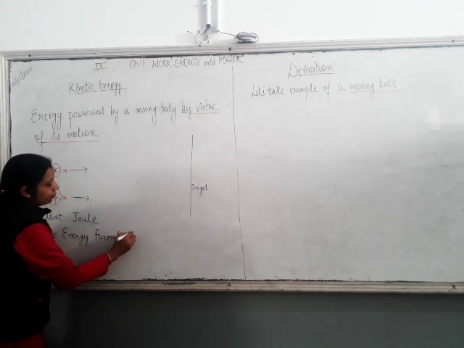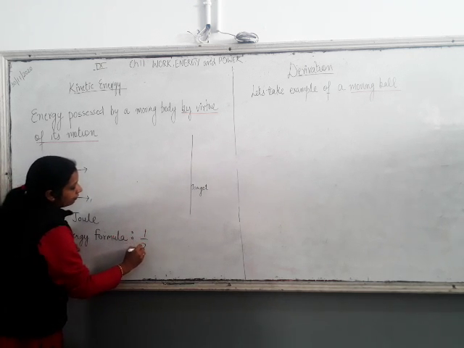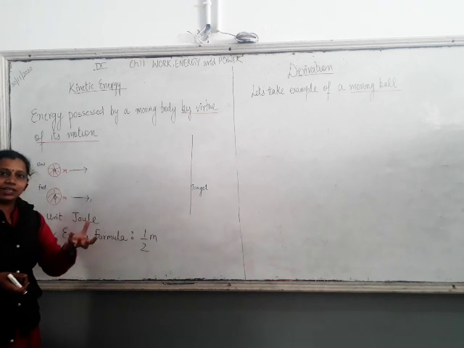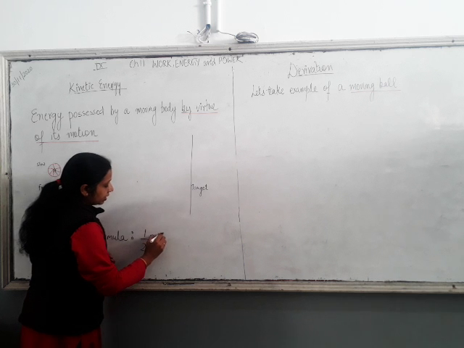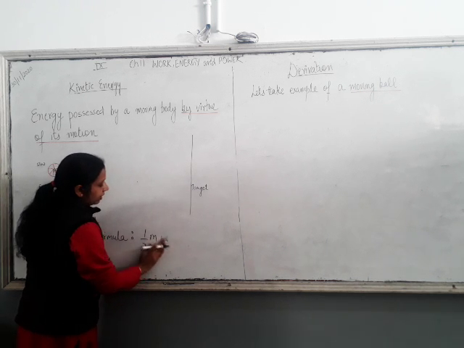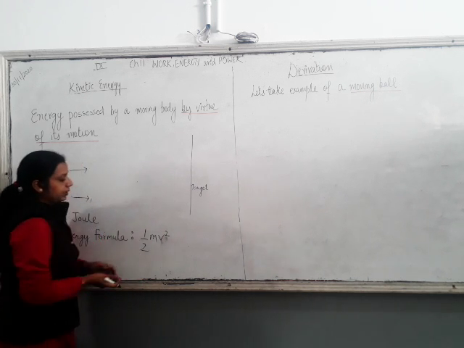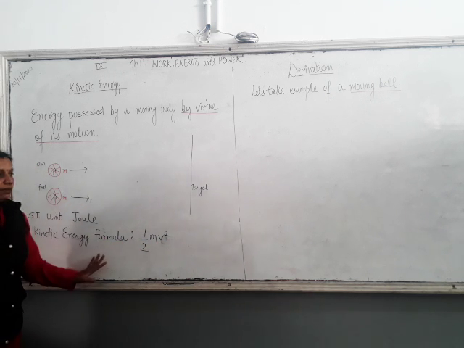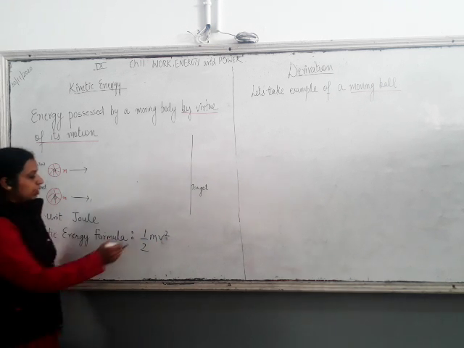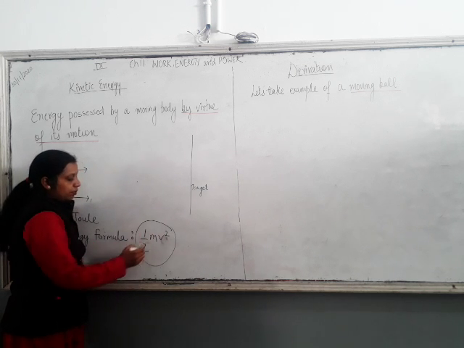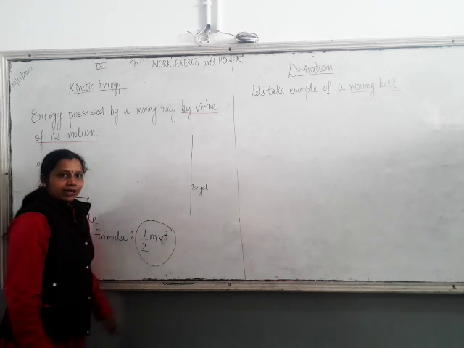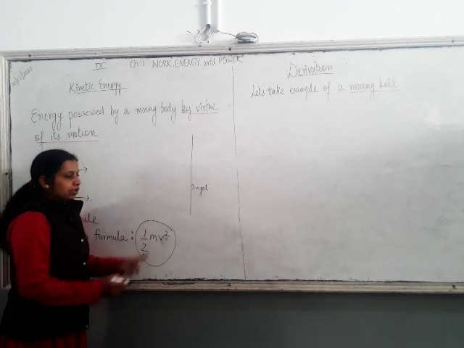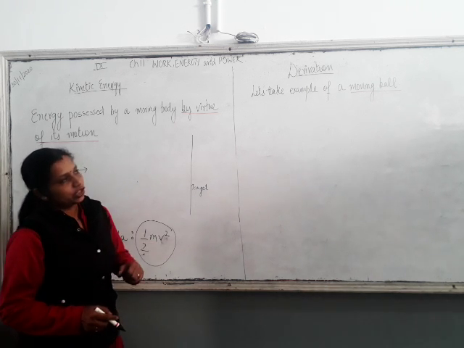So the kinetic energy formula is half m v square, where m is the mass of the object and v is the velocity possessed by the body. Now we will see the derivation of this formula. How to arrive at this formula? Why v square and not only v? Or why do you have half here? We will see that by derivation.